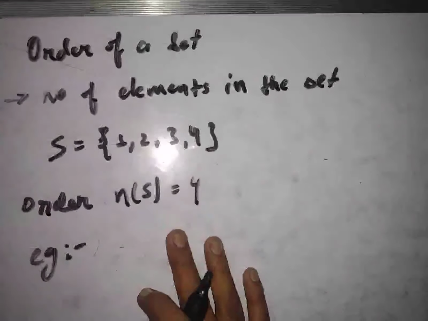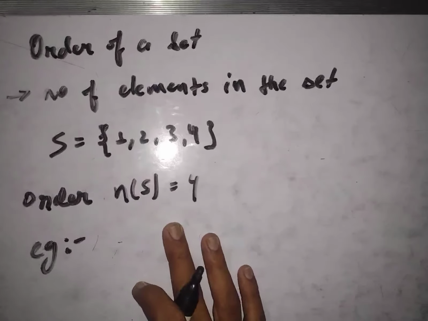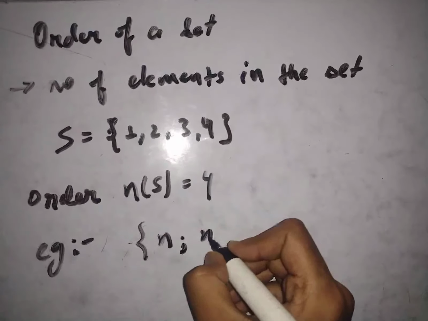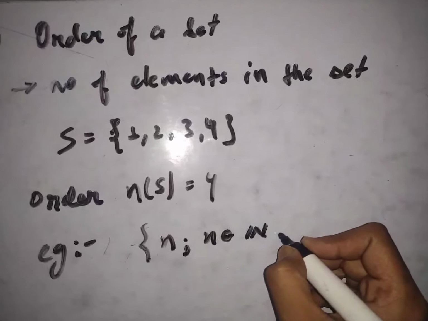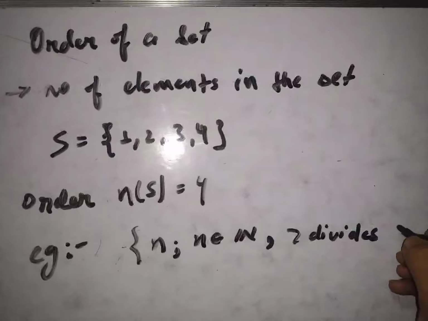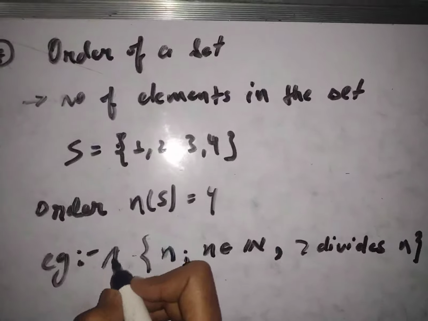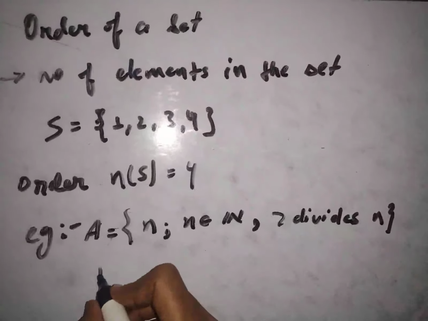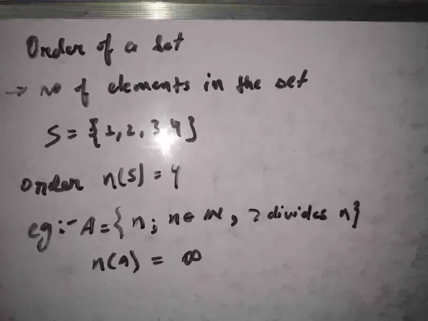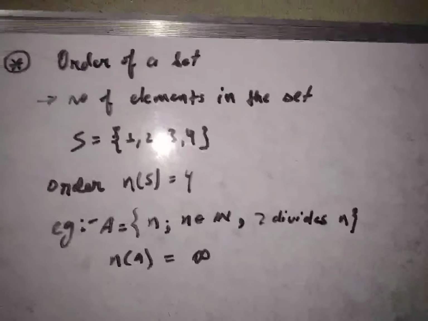As we described all even natural numbers, in set builder form we can define even natural numbers as {n : n belongs to natural numbers and 2 divides n}. If this is set A, then what is n(A)? Of course that would be infinite, because there are infinitely many numbers that are even and natural. So that's the order of a set.